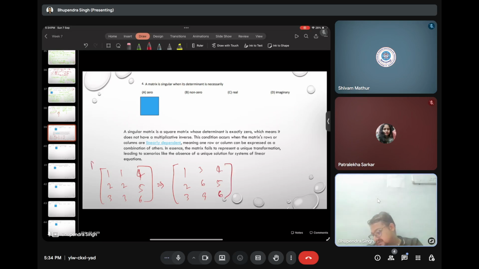This is matrix A, this is matrix B. Tell me, what is the determinant of matrix B? Non-zero. Actually it is 0.